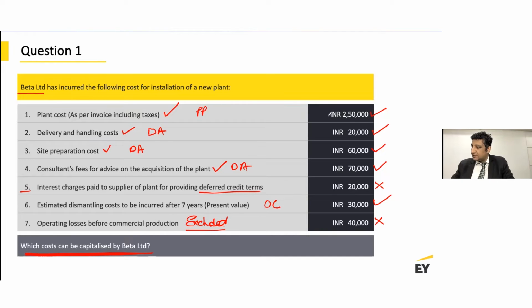All right. So what we have got is the purchase price, directly attributable costs, and of course, other costs here, right?